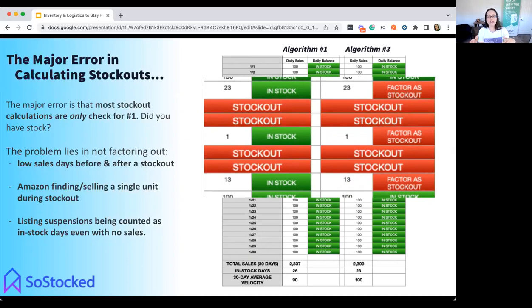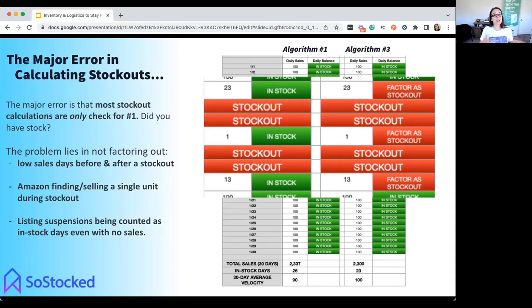However, what we do is we factor it out. We'll look at a percentage, and the default is about 30% of your average daily sales. If you're selling 30% or less, so if you're selling 100 on average and you sell 30 or less, then it would be considered a stock out and factored as a stock out.